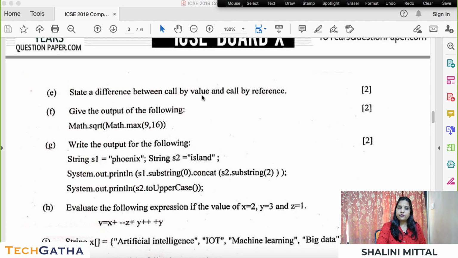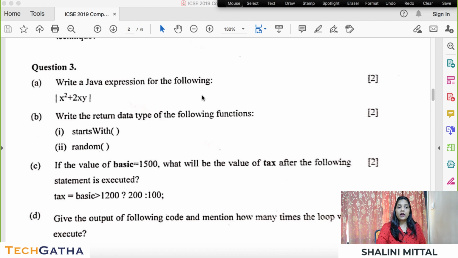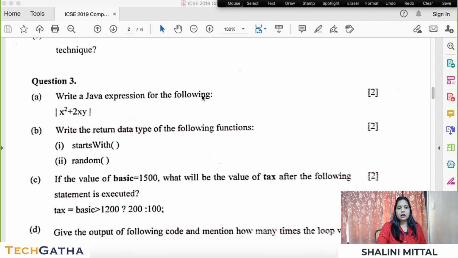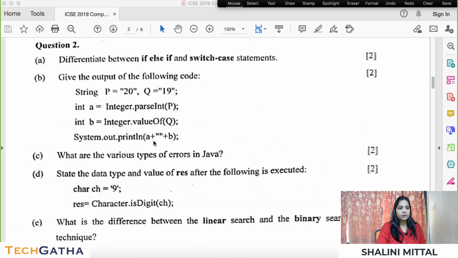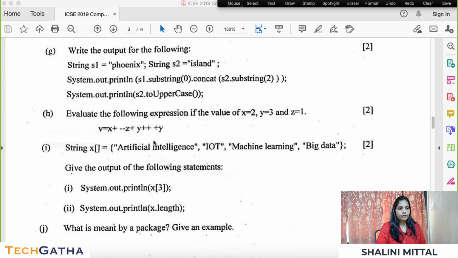Again, for the difference, please write an example. So wherever possible, if you can write examples, do write examples. For this statement, write the return data type, it's not required to write an example because it just asks for writing the return data type, correct? Then moving ahead, we have evaluate. Again, when you are evaluating this particular expression, as I said, please make sure you write the output.